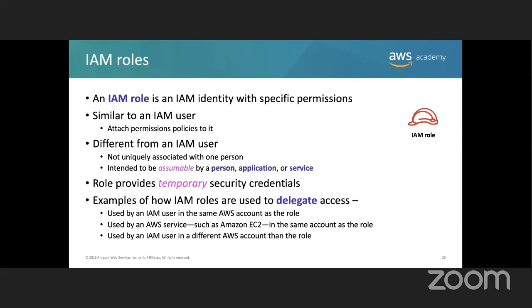Let's say that a person comes to your company and needs to audit your company. You can create a role, because don't forget that an IAM user is permanent, but a role is temporary.